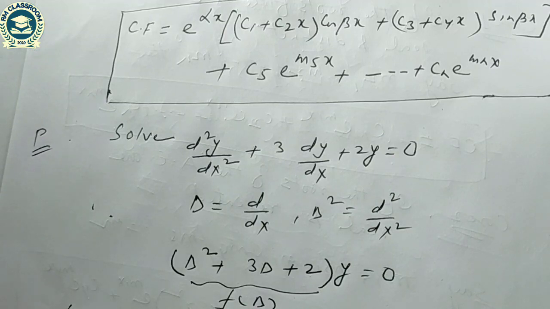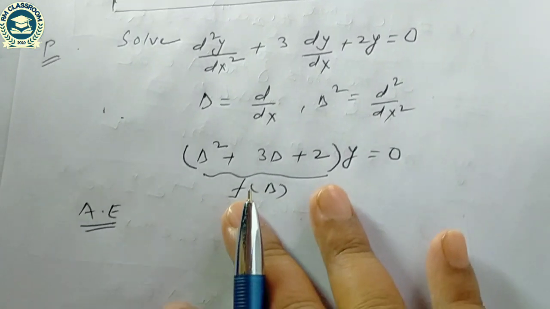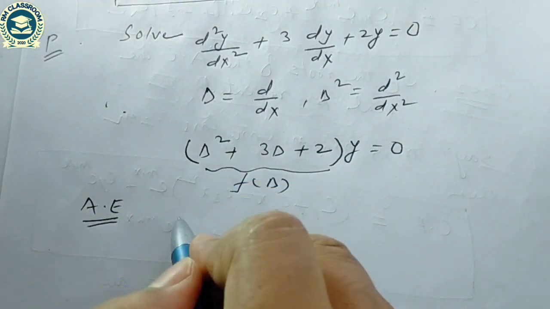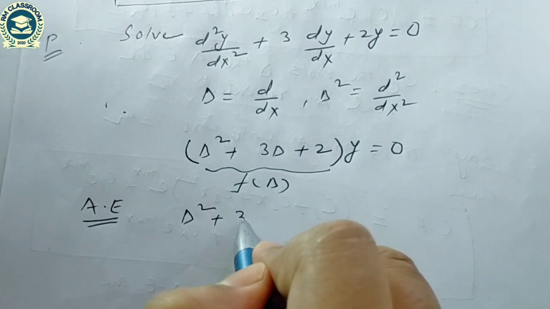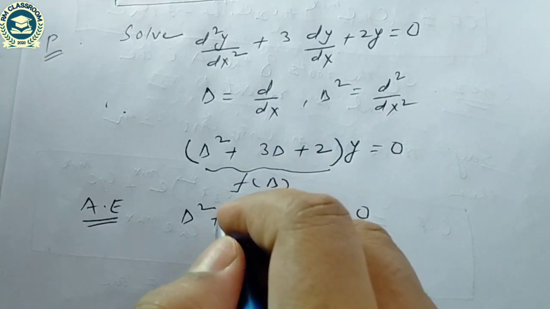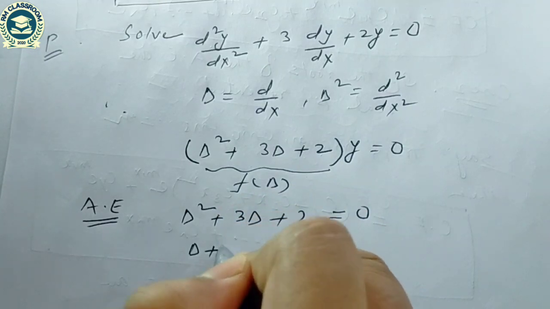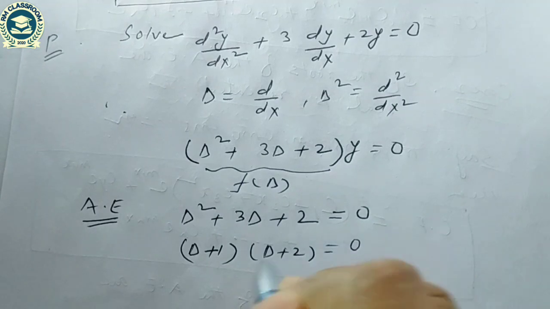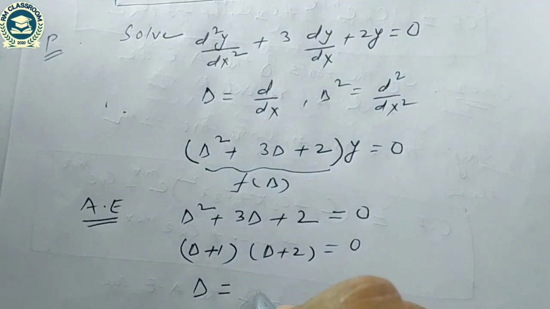So the auxiliary equation D square plus 3D plus 2 is equal to 0, or we can write (D plus 1)(D plus 2) is equal to 0. So the roots of this auxiliary equation are minus 1 and minus 2.